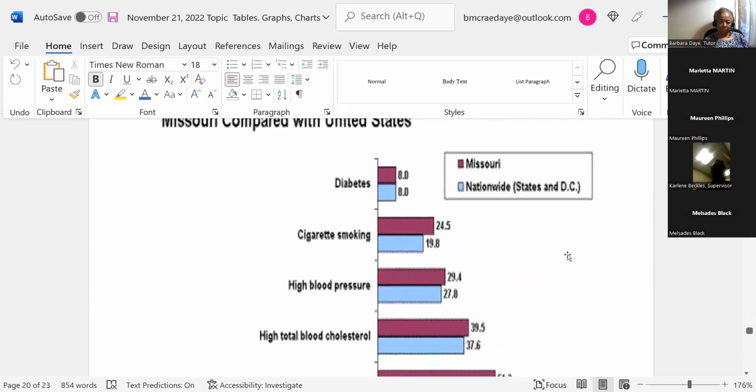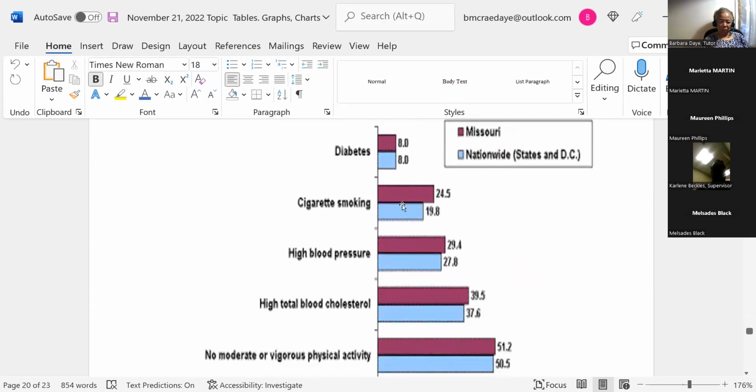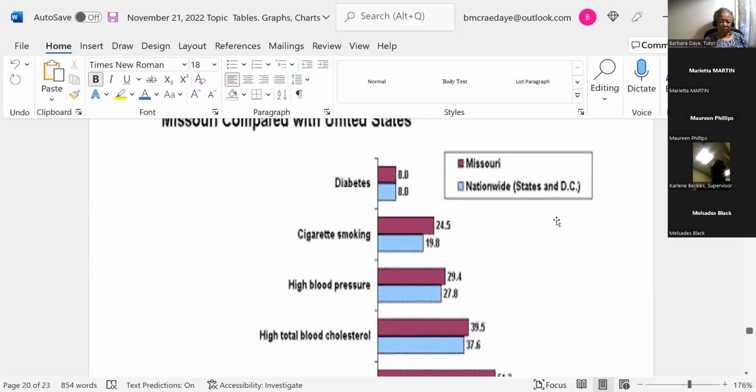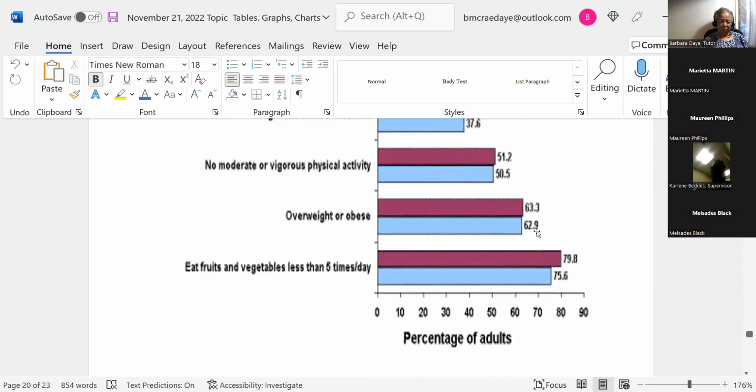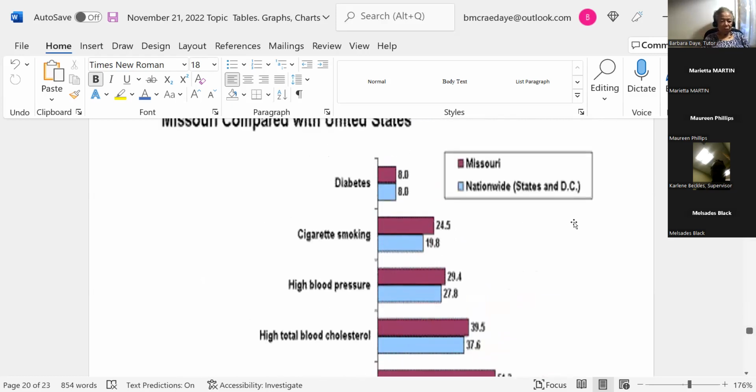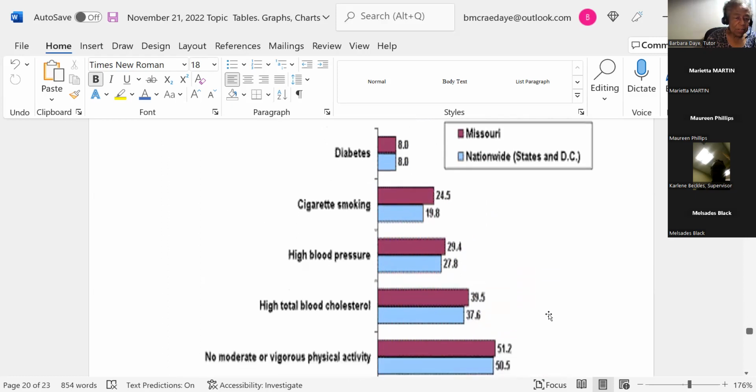This is Missouri, in red. The cigarette smoking risk factor in Missouri is 24.5 percent, higher than nationwide. And that's the percentage of adults. Diabetes, the two are the same, about 8 percent.